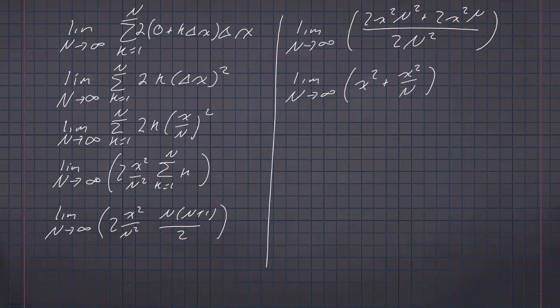And as n goes to infinity, x squared over n will go to 0, leaving us simply with x squared.